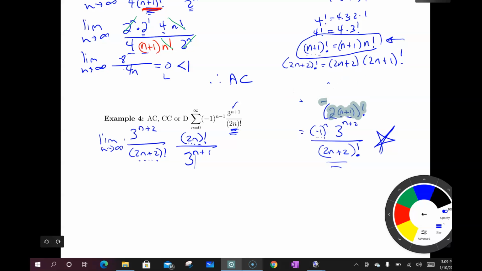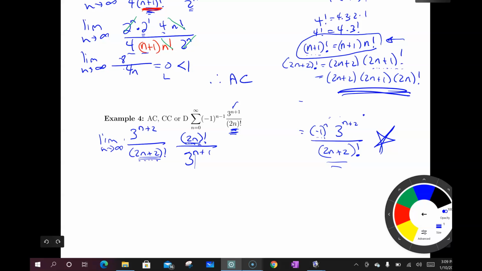Let me make some room here. Okay, that's not quite where I need to go, because I need to be able to cancel this with this. Can I do it again? I can. So this breaks up into 2n plus 1 times (2n) factorial.